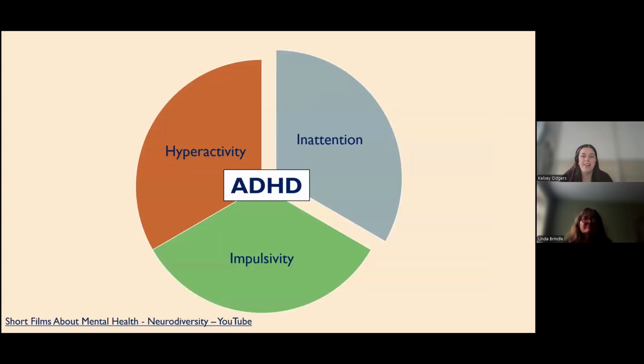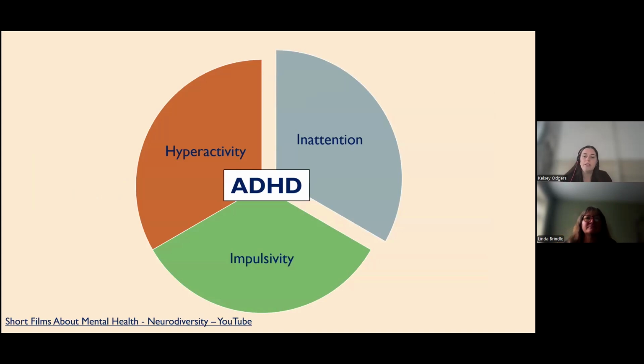Okay. So we'll move on now to think about ADHD. So attention deficit hyperactivity disorder. And this is another neurodevelopmental condition which is characterized by persistent inattention and/or hyperactivity and impulsivity, which is more excessive than would be expected for the child's developmental stage. So that's really important to compare that child to similar age peers.